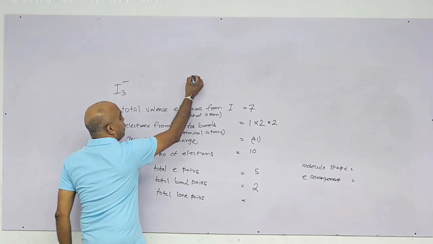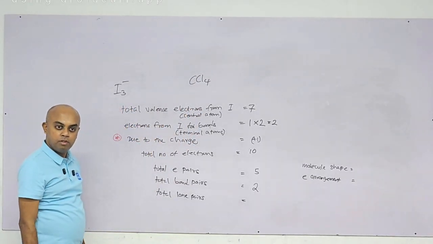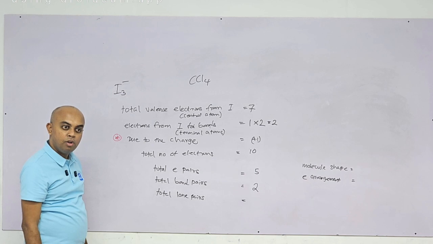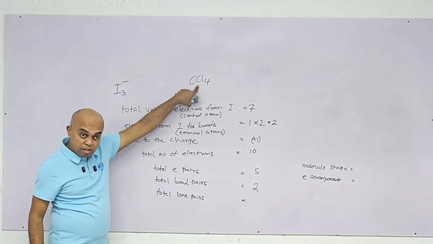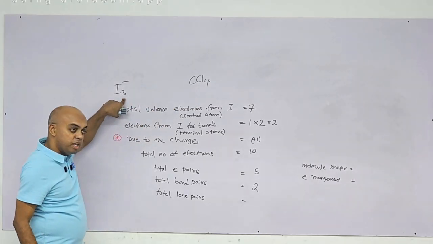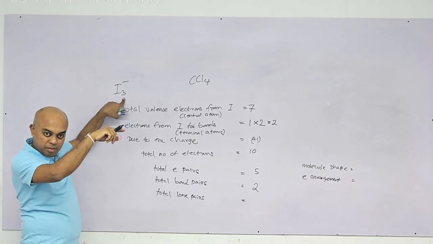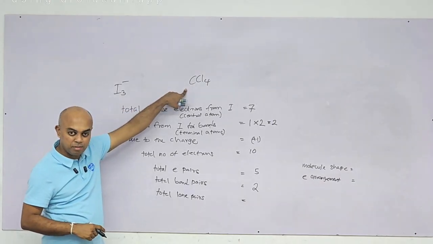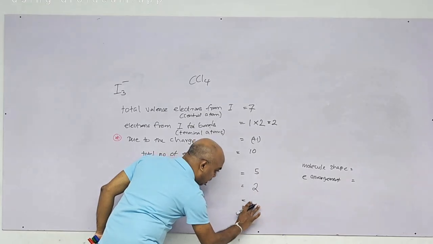Now, if you take CCl4, what is the bond pair that we have put? 5 or 4? 4, right? So these are the terminal atoms. How many terminal atoms do we have here? 2, not 3. 1 is the central atom, right? We have not considered the central atom. So bond pairs is 2, lone pairs is 3 then.